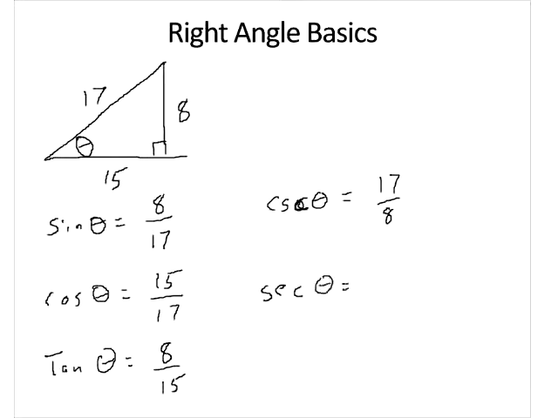Secant theta is going to be the hypotenuse over the adjacent side. And finally, cotangent theta will be the adjacent side over the opposite side. So I can use all those formulas to tell you the 6 trig functions for any of those angles.